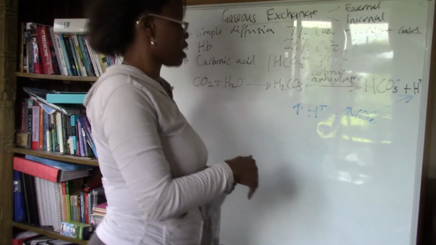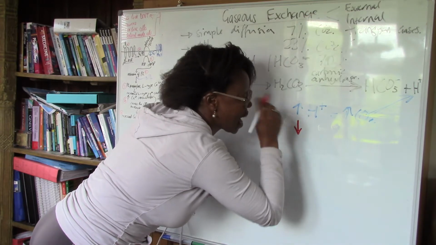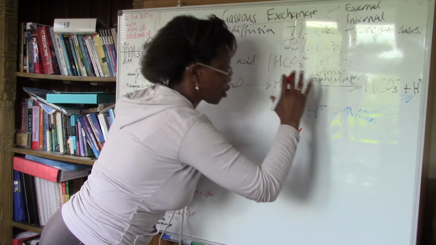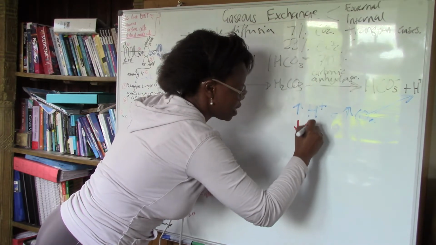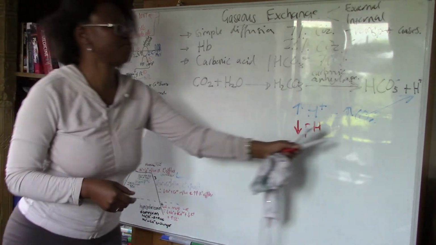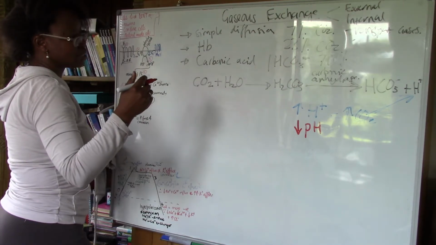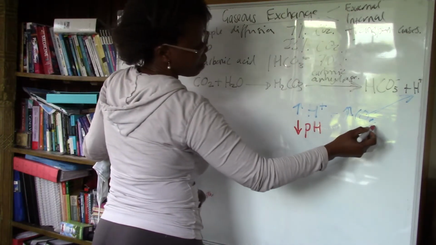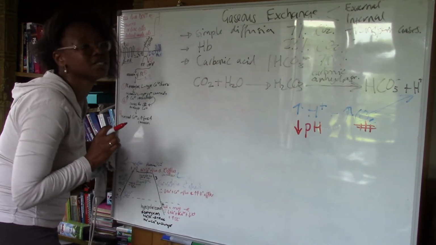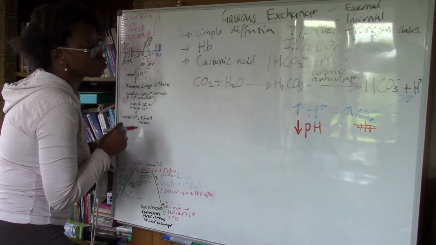So as hydrogen ions accumulate in the body, the pH will reduce, and the pH is reducing because of the high carbon dioxide that we have. So what happens is we need that carbon dioxide to activate the respiratory center system that is based on hypercapnia.